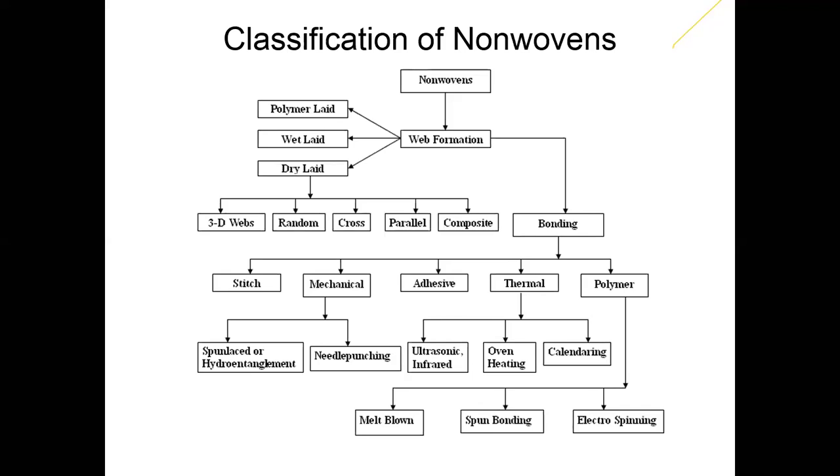So this is the spun bonding process. And we also have electrospinning, which is used for nanoscale fiber formation. Electrospinning is done with the help of a high electrical force between the extruder and the surface. So this is another field where we can extrude filaments in the size of nanometers.